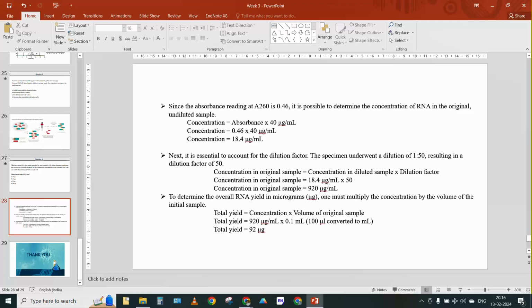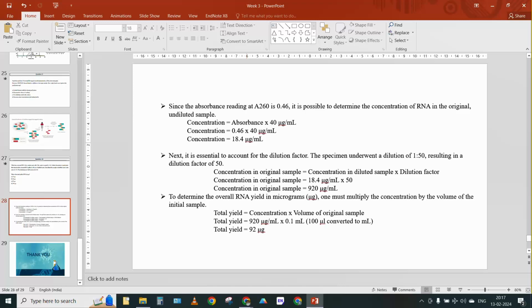Okay, so let me explain. Since the absorbance reading at A260 is 0.46, it is possible to determine the concentration of RNA in the original undiluted sample. The formula is concentration equal to absorbance into 40 microgram per ml. After calculating, the concentration came as 18.4 microgram per ml. Next, it is essential to account for the dilution factor.